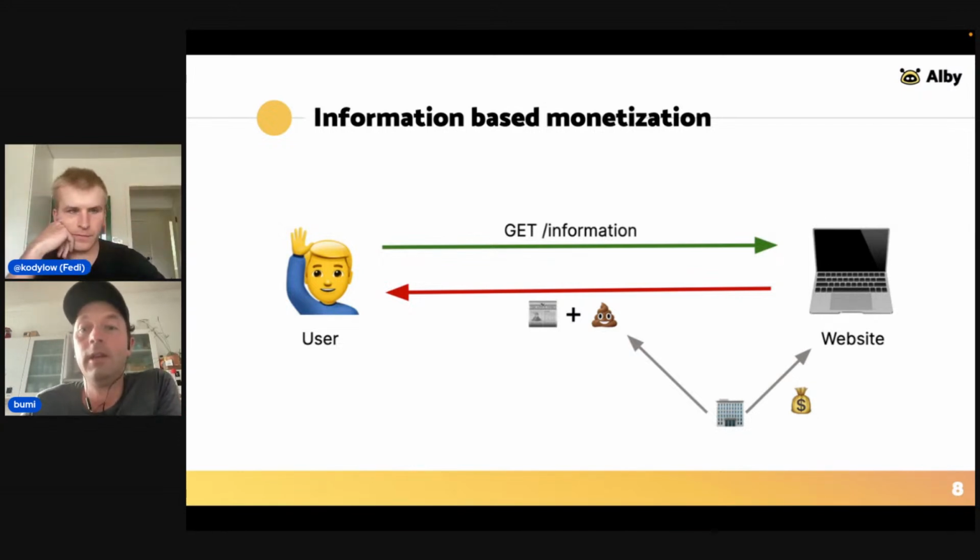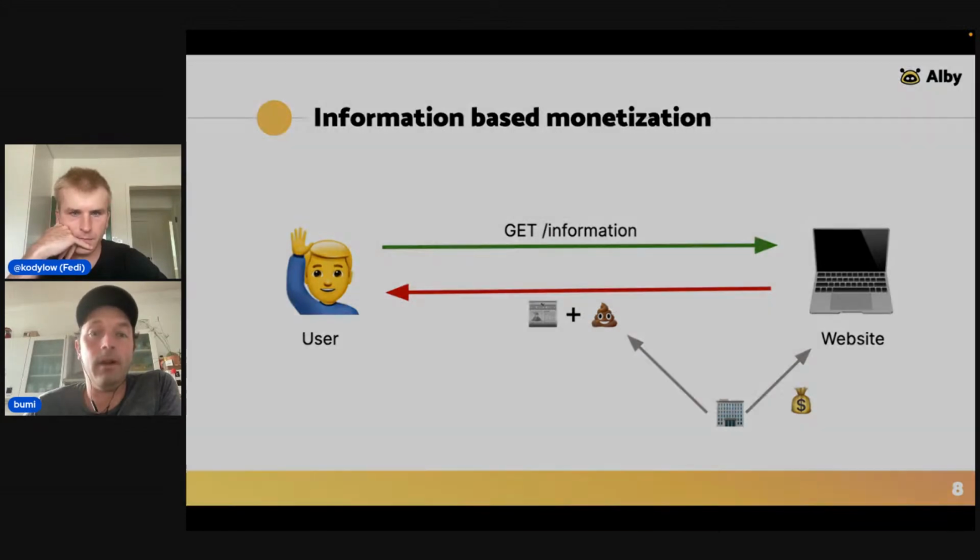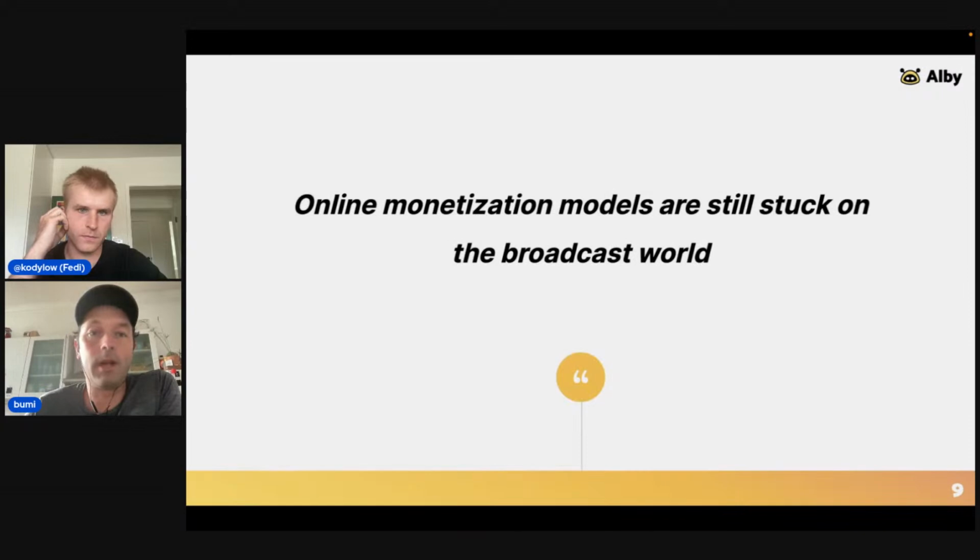And for that, they also got money from advertisers. So the online monetization models were still stuck in the broadcasting world. This worked pretty well in the broadcasting world, right? We had television and radio for that, but it's not working in the web model.